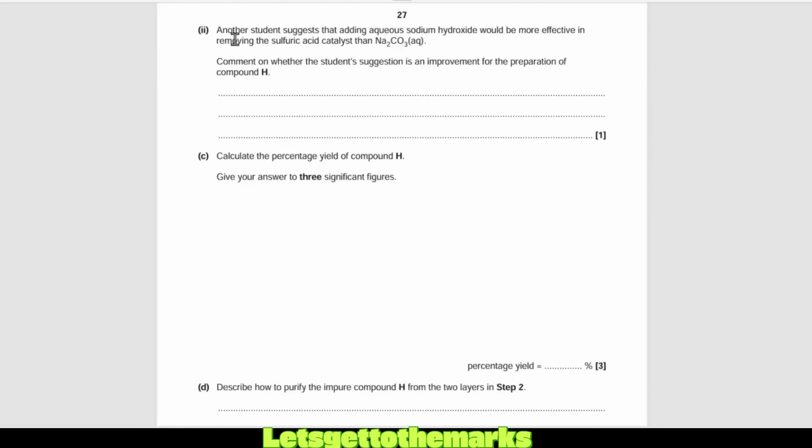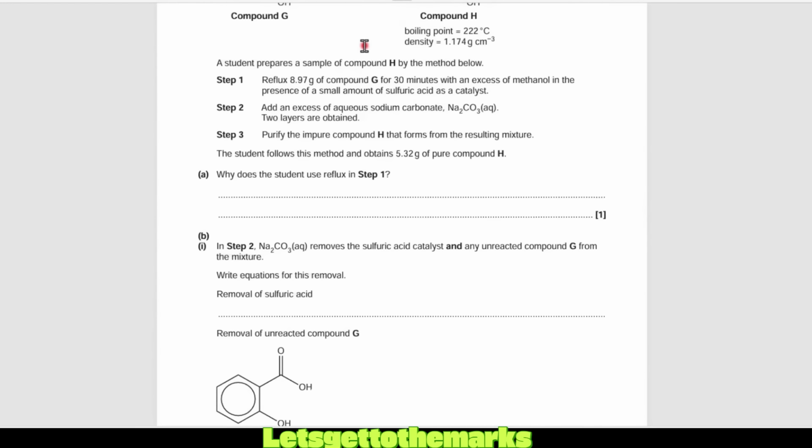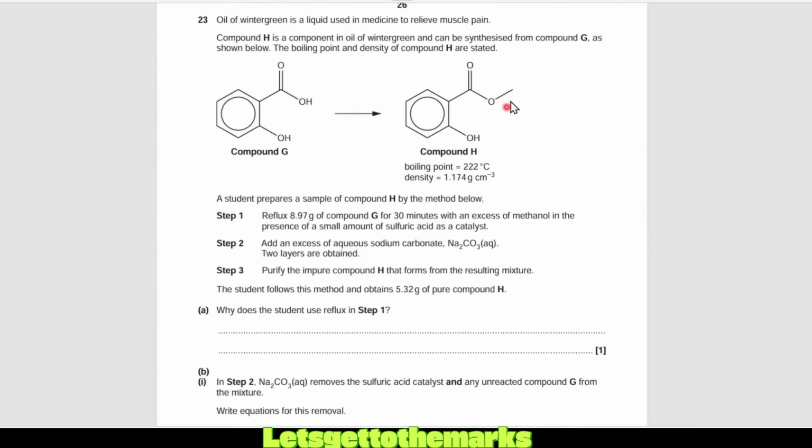Okay, part two. Another student suggests that adding aqueous sodium hydroxide would be more effective in removing the sulfuric acid than the sodium carbonate. Comment on whether the student's suggestion is an improvement for the preparation of compound H. Right, so when we want to remove that excess sulfuric acid catalyst that we added at the start here, would it be better to use sodium carbonate or sodium hydroxide?